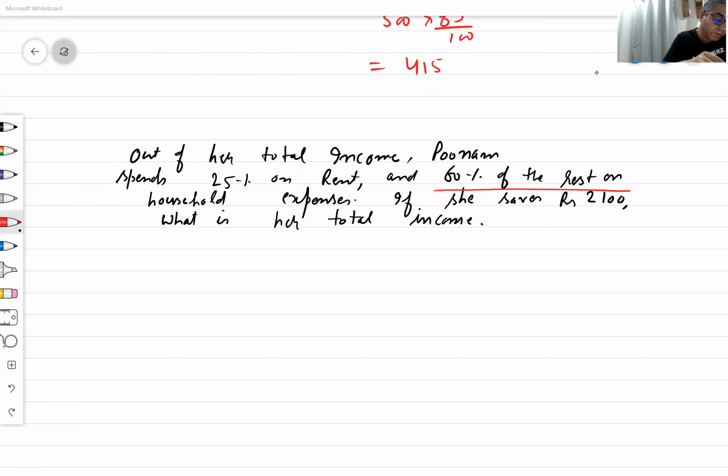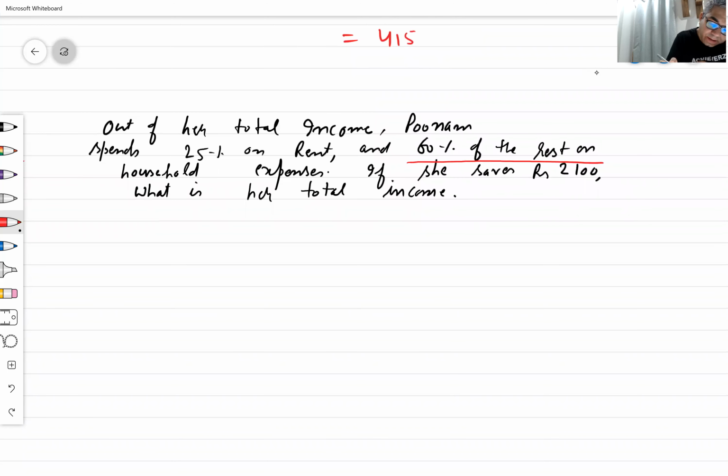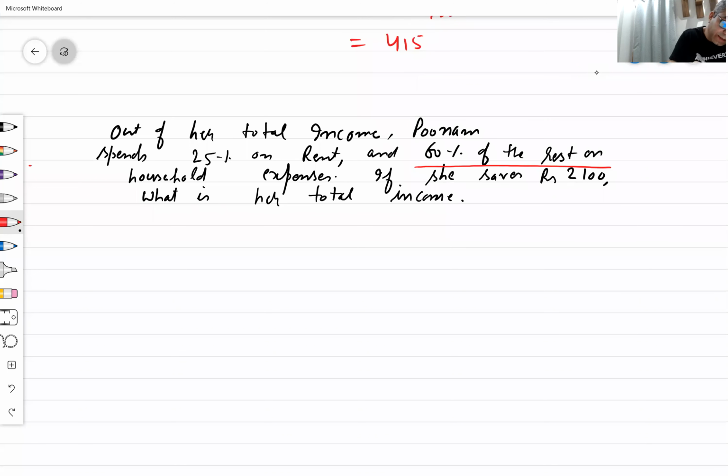Okay. Let's try and do this. We can do it in two ways, right? This is a much simpler way. Let her income be rupees 100. Do not write anything, just try and understand what we are doing.